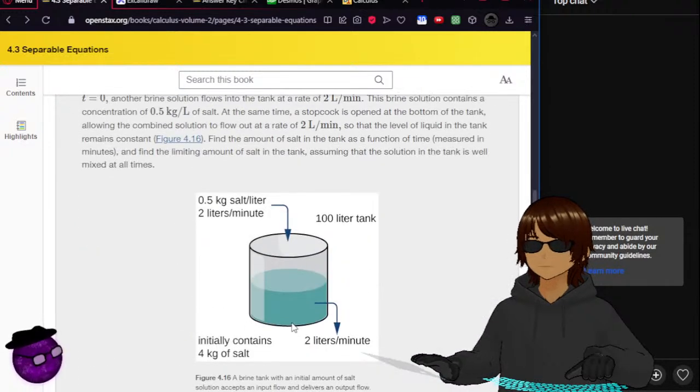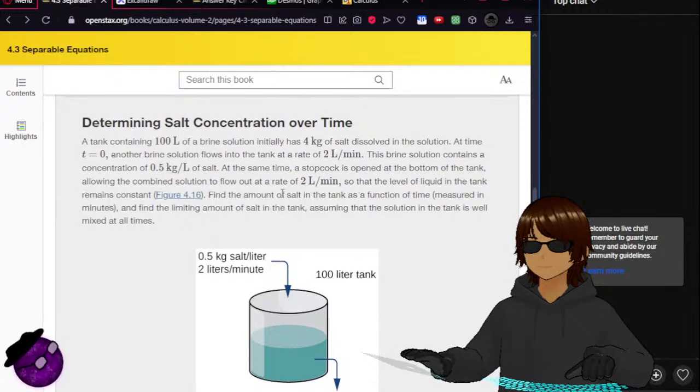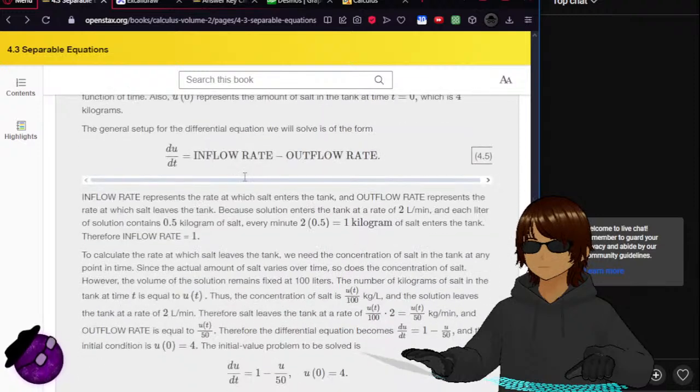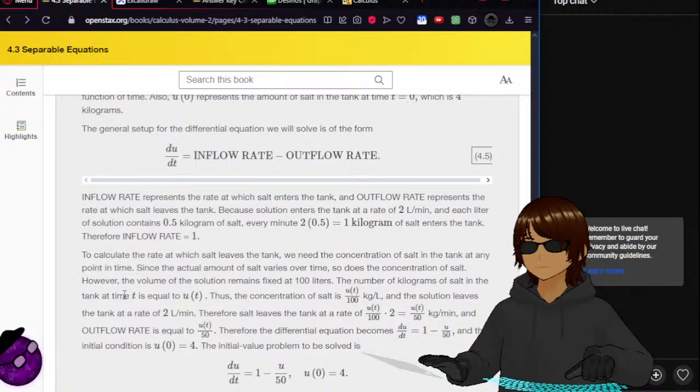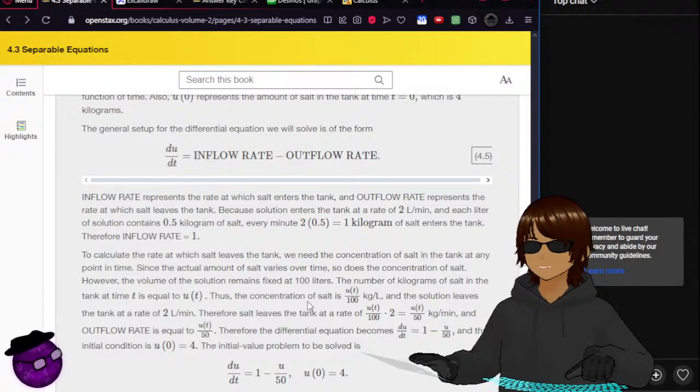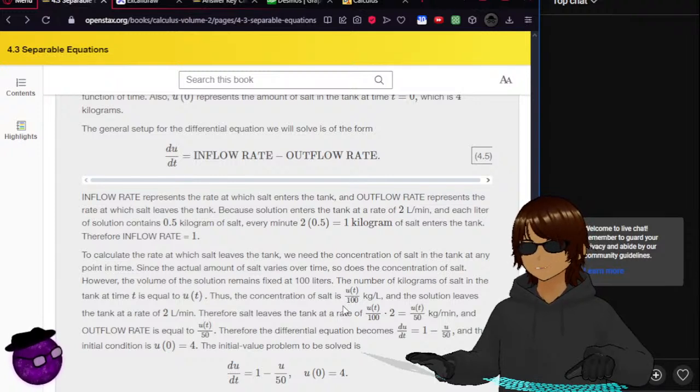But how do we calculate the outflow rate? The number of kilograms of salt in the tank at time t is S(t). Thus, the concentration of salt is S(t) per 100 liters.